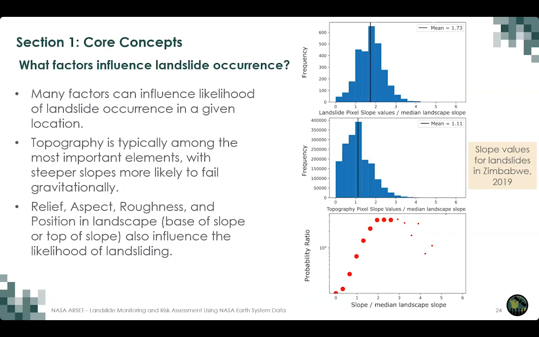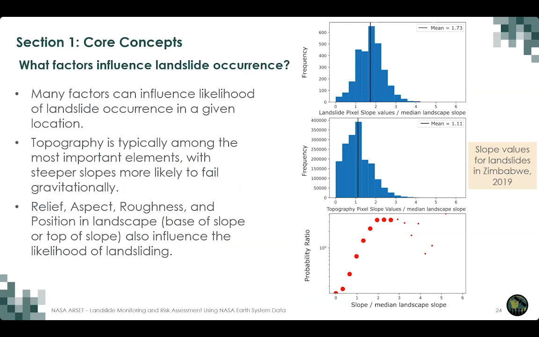So let's talk a little bit about the factors that can influence the occurrence of landslides. Many factors may be relevant in leading to the likelihood of a landslide occurring. For example, the most obvious thing you can think of is slope. As you might imagine, the steeper a hill slope, the more likely it is to fail catastrophically. So here on the right-hand side, you're seeing real data exploring the pixels in a part of Zimbabwe where a lot of landslides occurred.